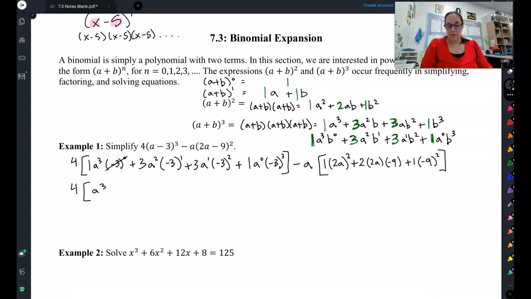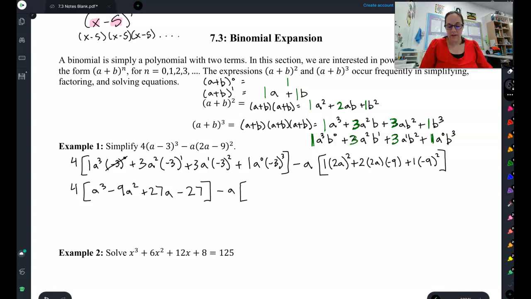This is negative 3 to the first power, so 3 times negative 3 is negative 9a squared. 3 times, let's see, negative 3 squared is 9, so 3 times 9 is 27a. And then I have negative 3 cubed is a negative 27. A to the 0 is just 1, so minus 27. We got that.